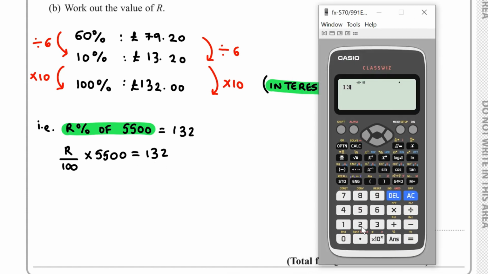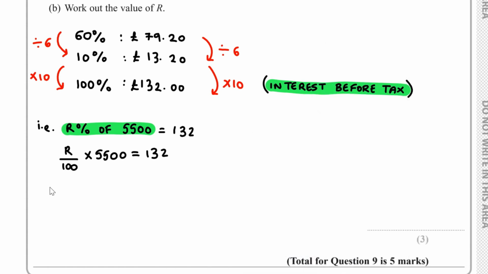So we've got 132 times by 100 divided by 5,500, which is 2.4. So R equals 2.4, so we have 2.4%.